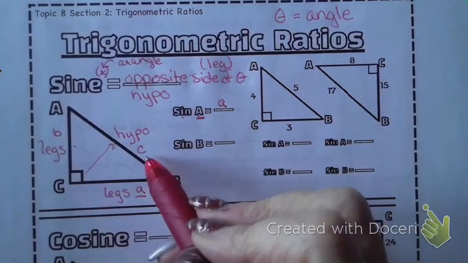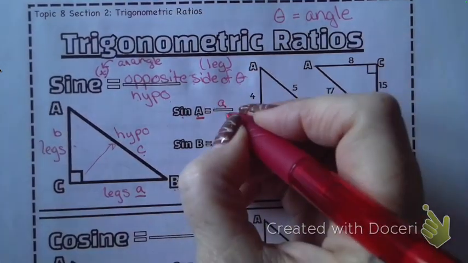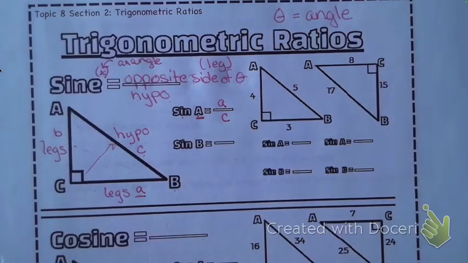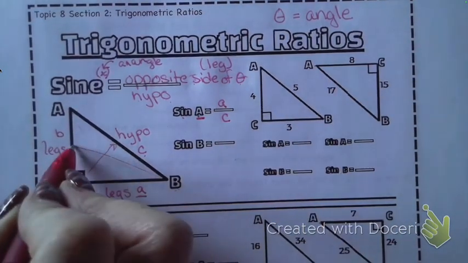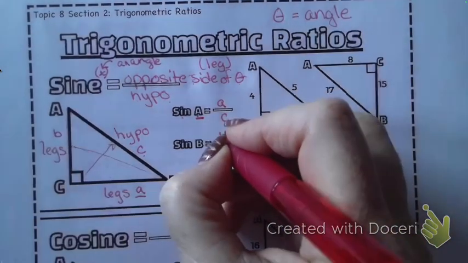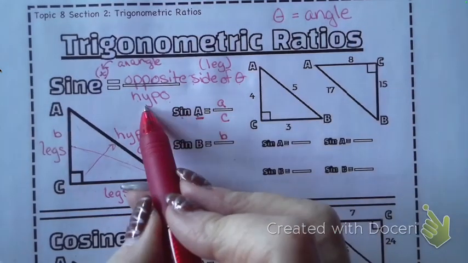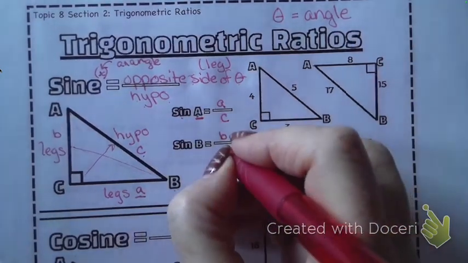What's the hypotenuse? C. And it's a ratio. It's a fraction, yes? And I would reduce the fraction. That's it. So sine of B. Well, what's opposite B? B. Over the hypotenuse, which is C.